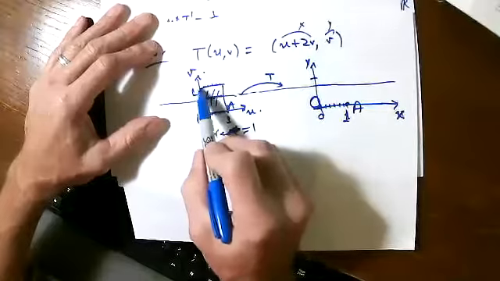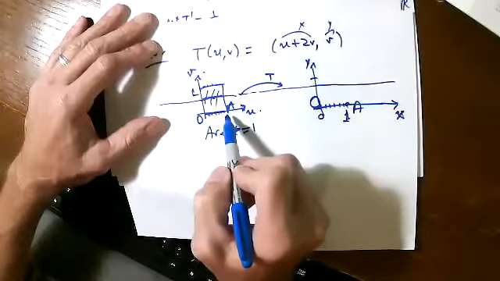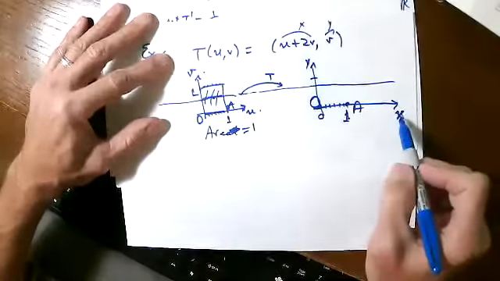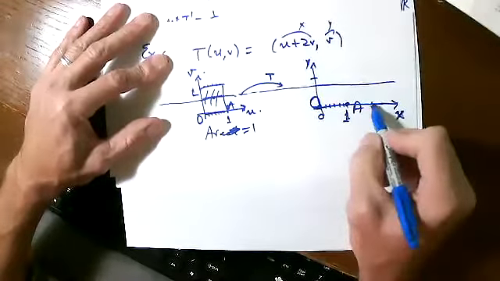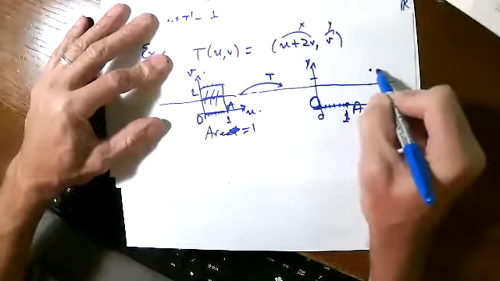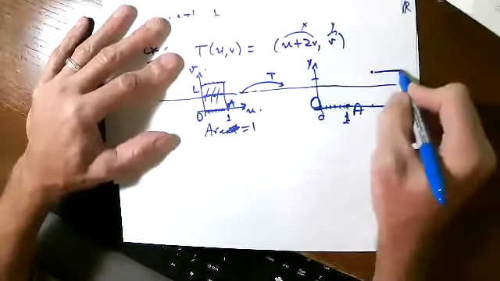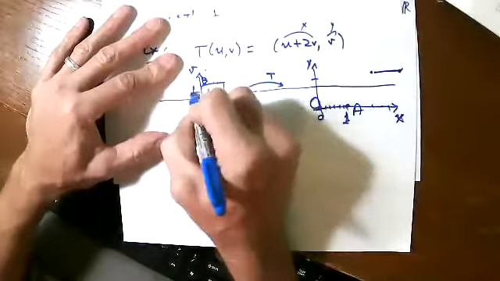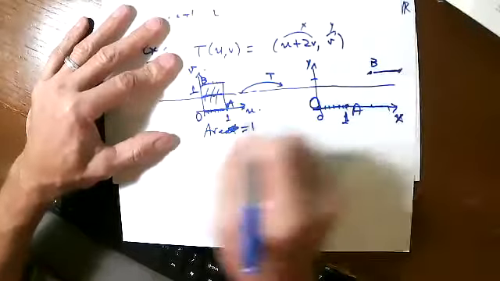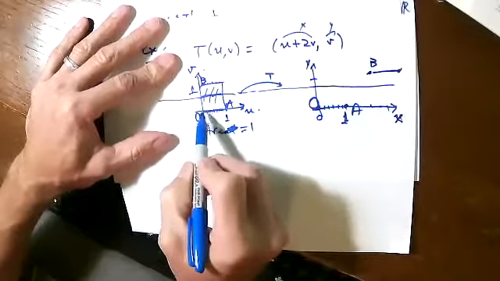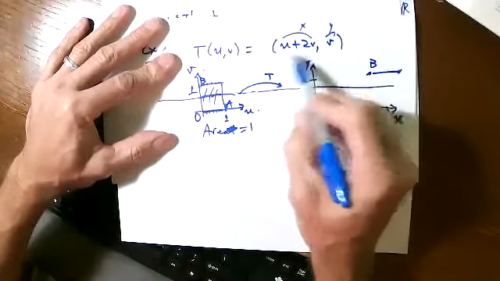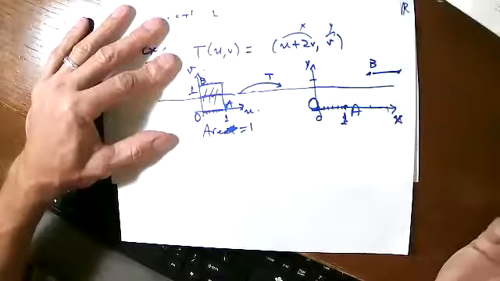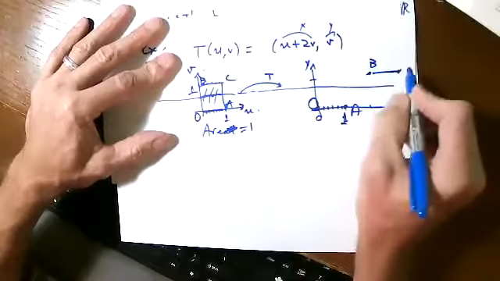Every point that's over here, somewhere with a u coordinate between 0 and 1, those points will be given an x coordinate that's between 2 and 3. So they'll be shifted all the way over here. So in particular, this point will be shifted to this one. This is the point whose u and v coordinates are 0 and 1. 0 and 1 will be sent to 2, 1, which is over here. And of course, that point is sent there. I'll let you work out the arithmetic.